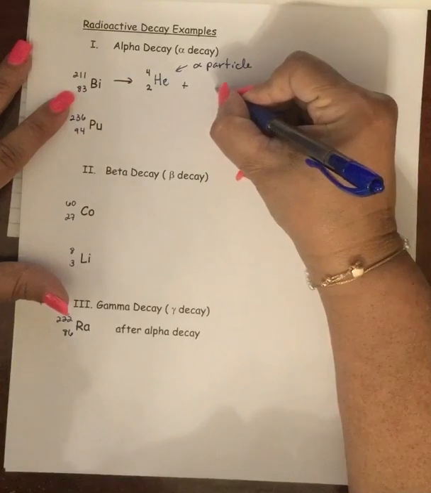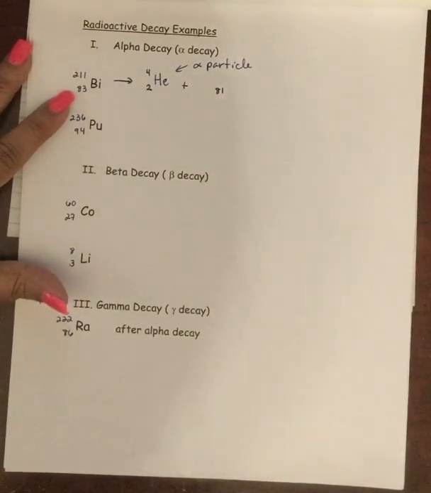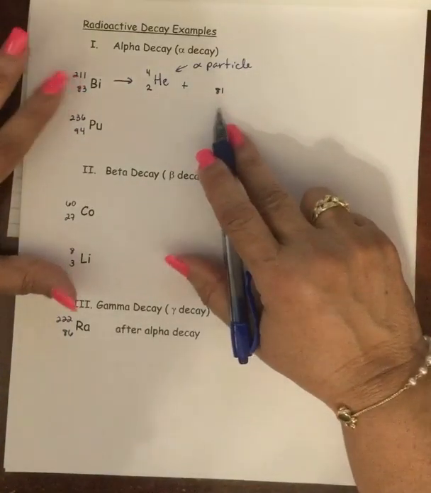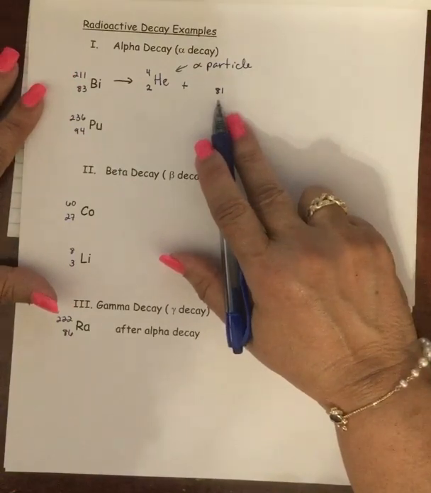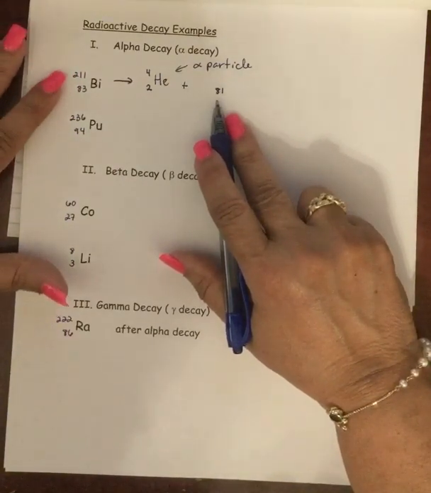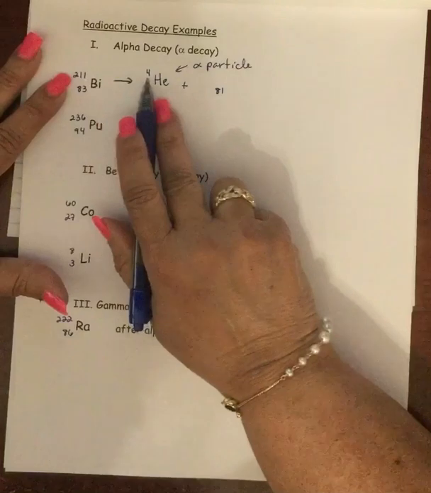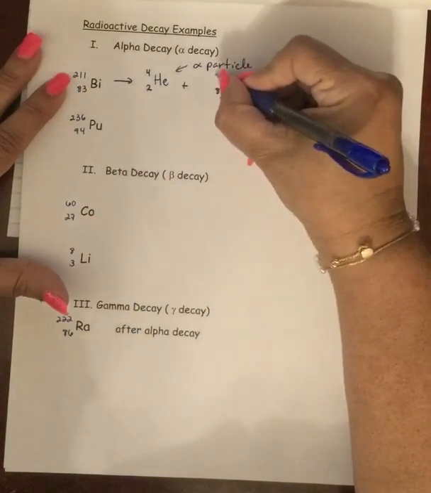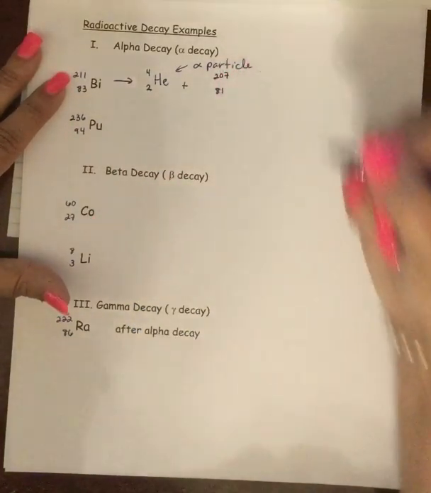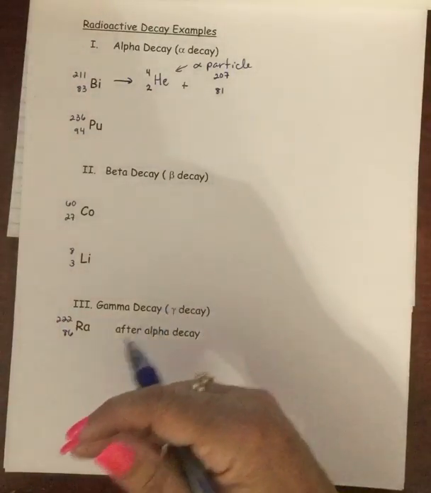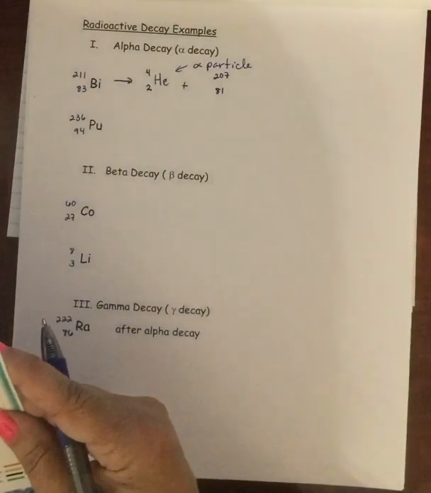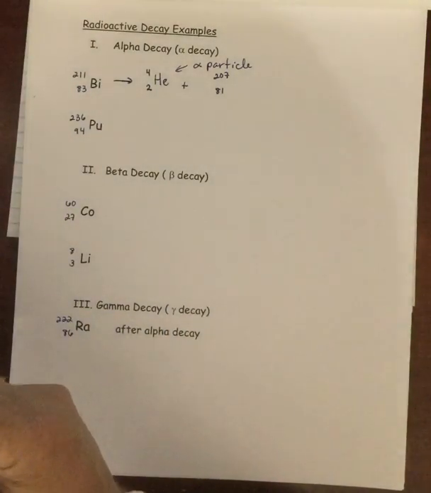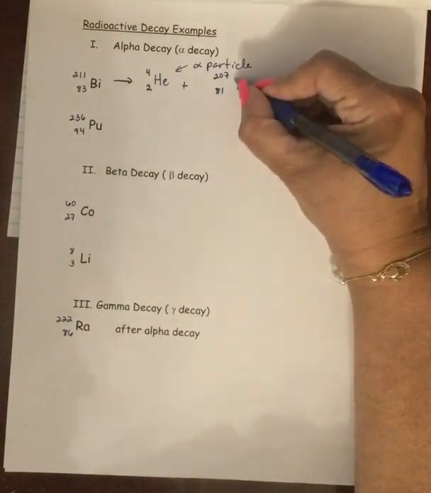So our other atom, which is called the daughter atom, and this would be the parent, has atomic number 81. Mass number would be 211 minus 4, or 207. So 81, we go to the periodic table, and that is thallium, Tl.